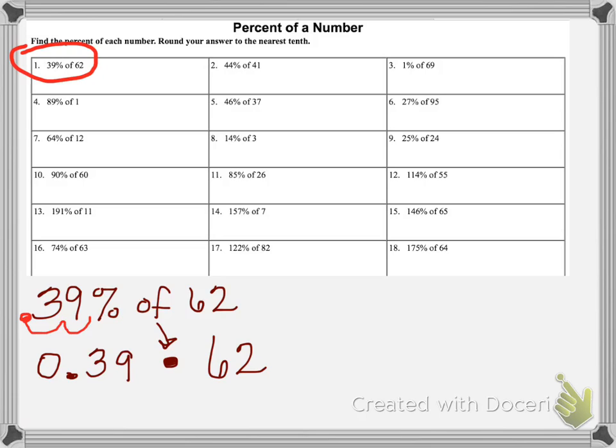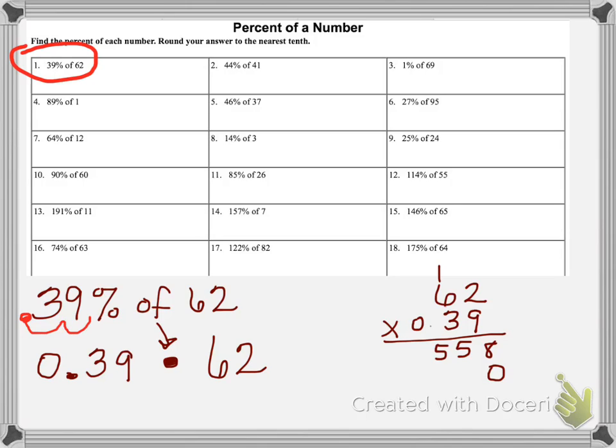So I have 62 times, let's make sure we have enough space, 0.39. And remember, you don't have to line up decimal points when you're multiplying decimals. So 9 times 2 is 18. 9 times 6 is 54, plus 1 is 55.